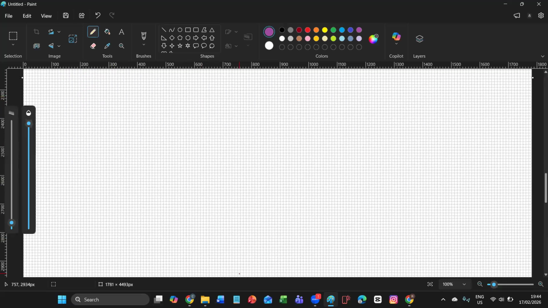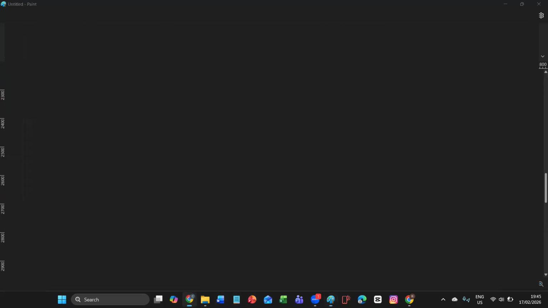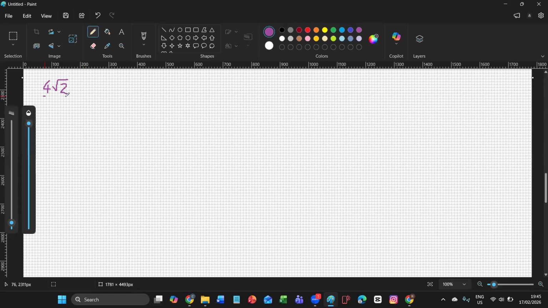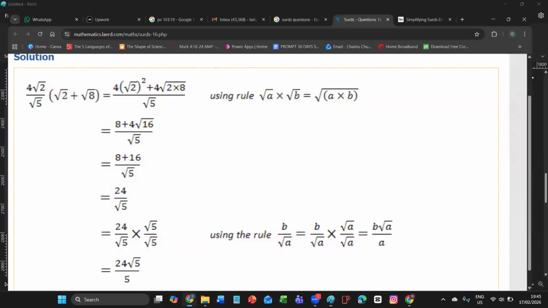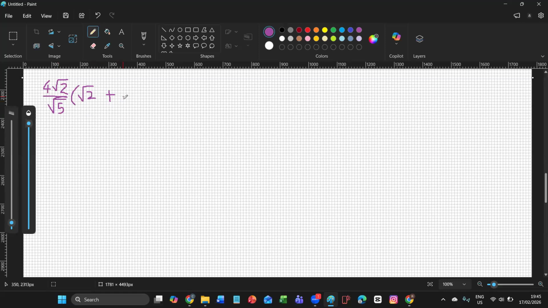If it's too small, I'll just continue up there. 4 sod 2 over sod 5, times sod 2 plus sod 8. I hope I'm copying the right thing. Okay, here goes.